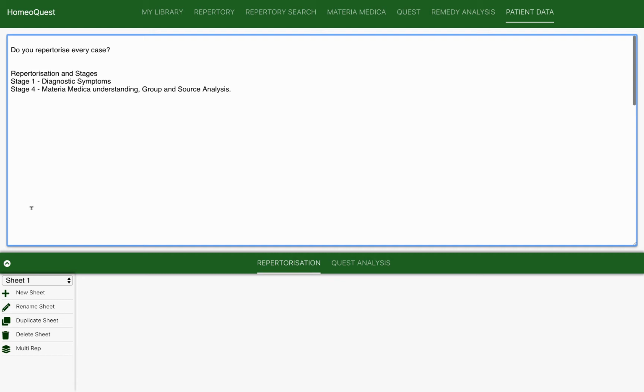Stage one are patients who have only diagnostic symptoms and pathological symptoms and really basic common disease symptoms. Stage two are patients who have local symptoms but some local concomitants, so some more information, which is a bit peculiar but at a local level.